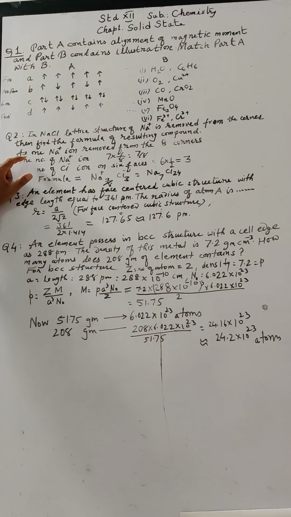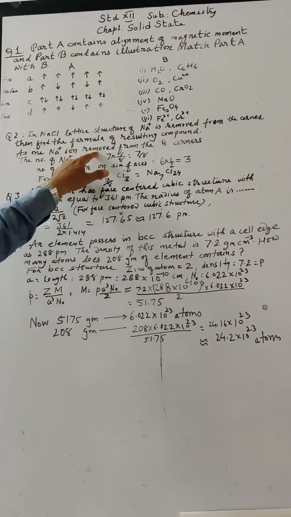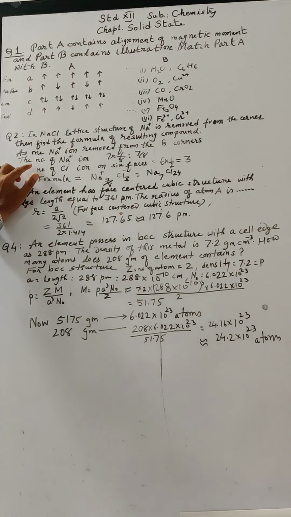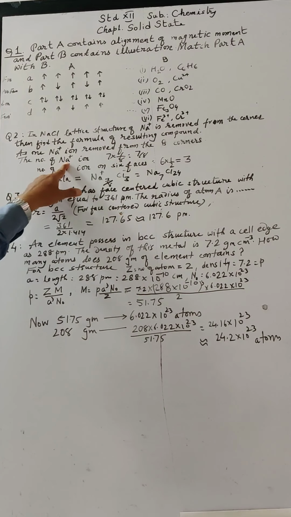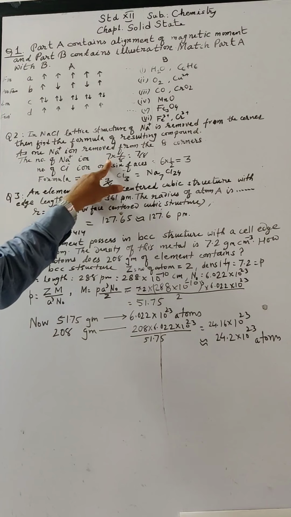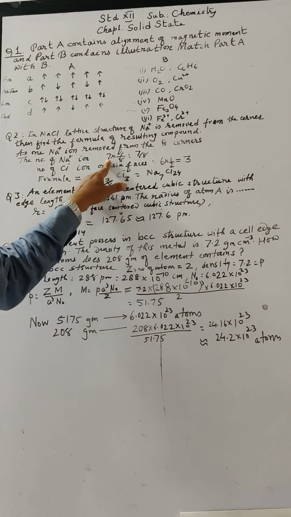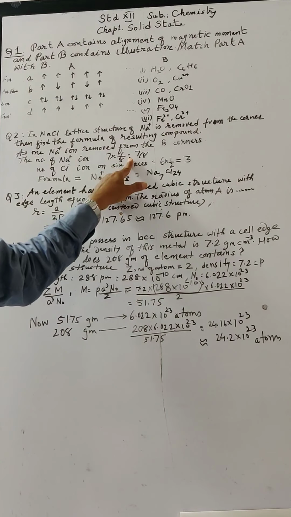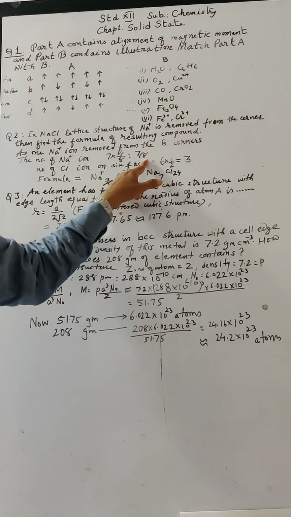Here, answer: as one sodium ion is removed from the 8 corners, the number of sodium ions is equal to 7 in spite of 8. 7 into 1 upon 8 is equal to 7 upon 8.